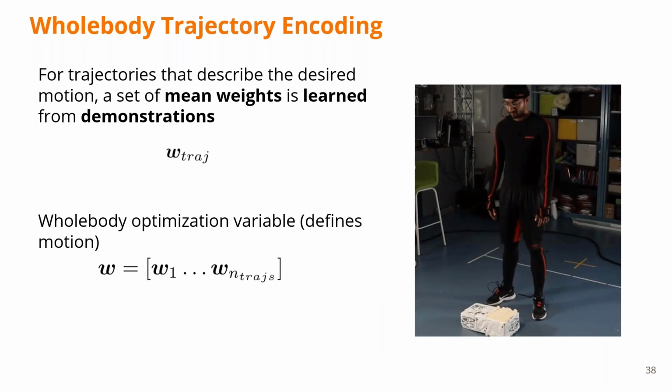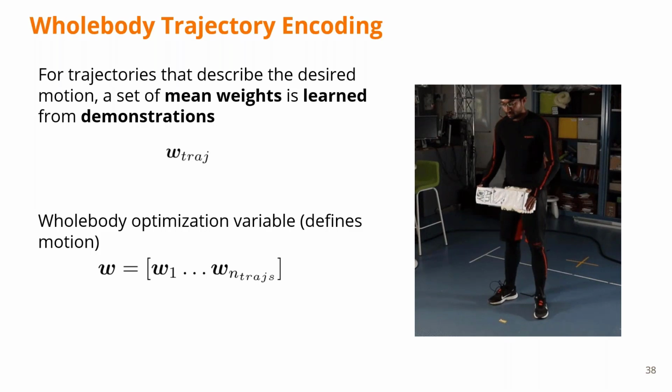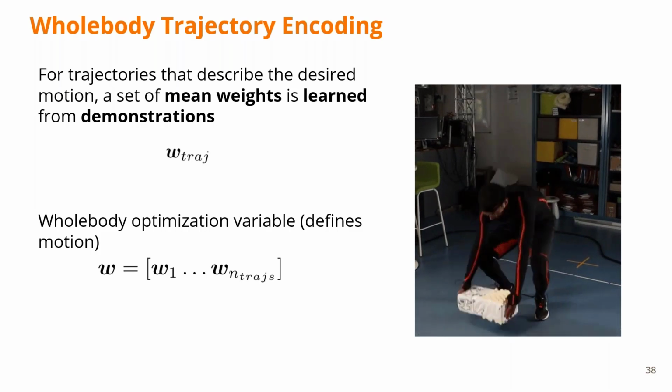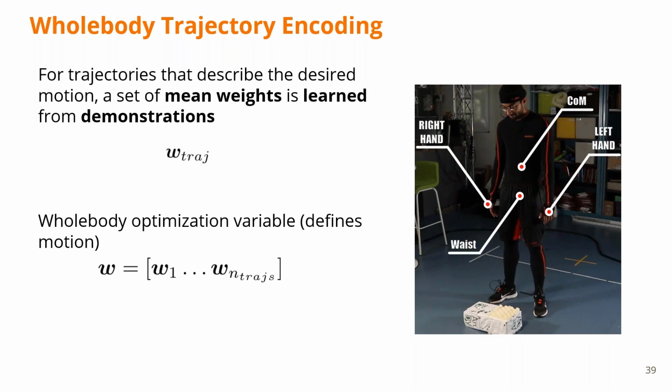So from a whole body movement, we select Cartesian trajectories, which are sufficient to describe the entire movement. In the example on the right, we chose to learn ProMPs from the hands, center of mass, and pelvis trajectories.